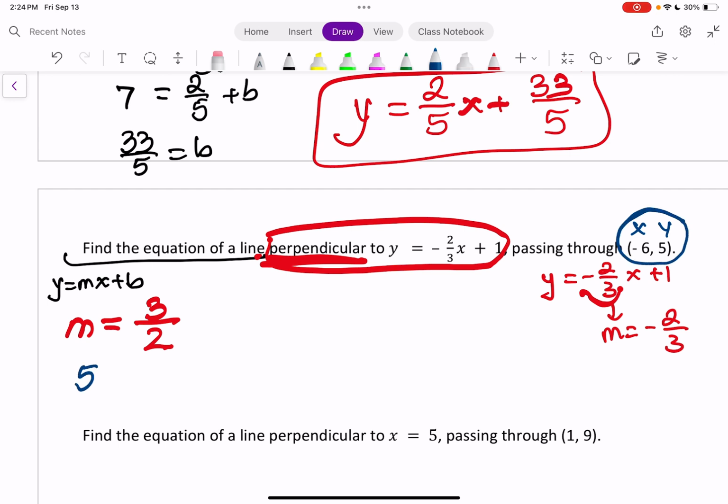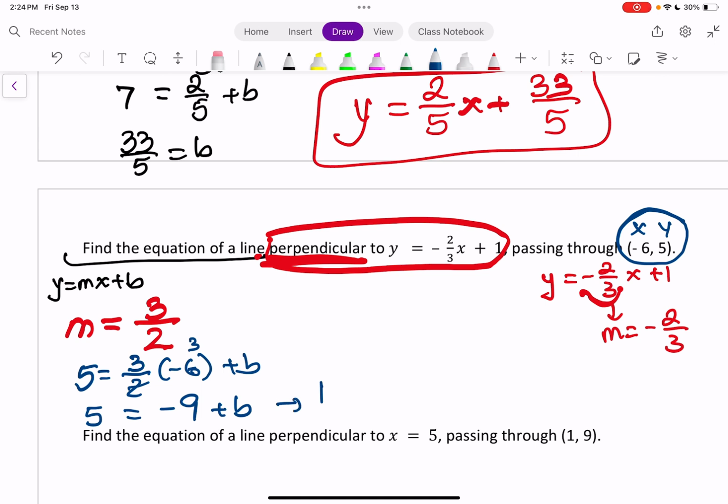So y equals mx plus b. So 3/2 times -6, put in your calculator, is actually equal to -9.